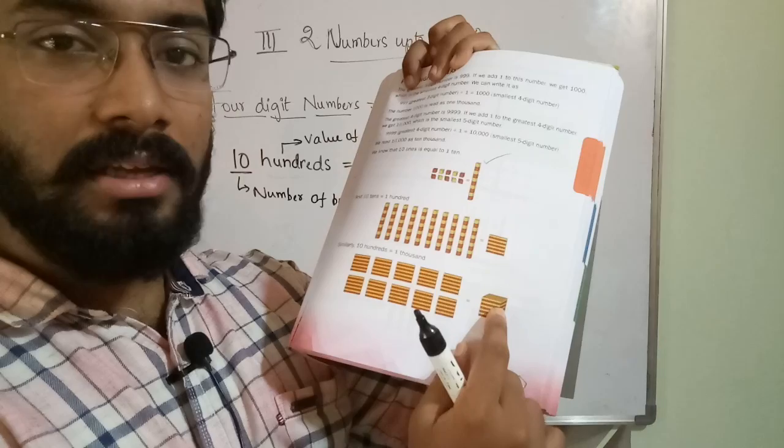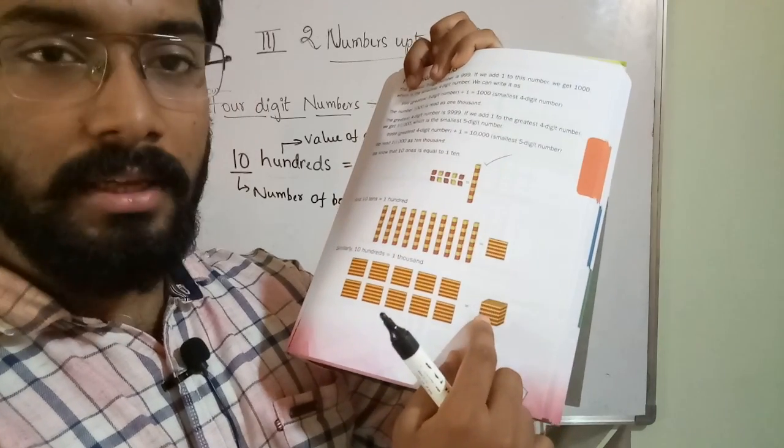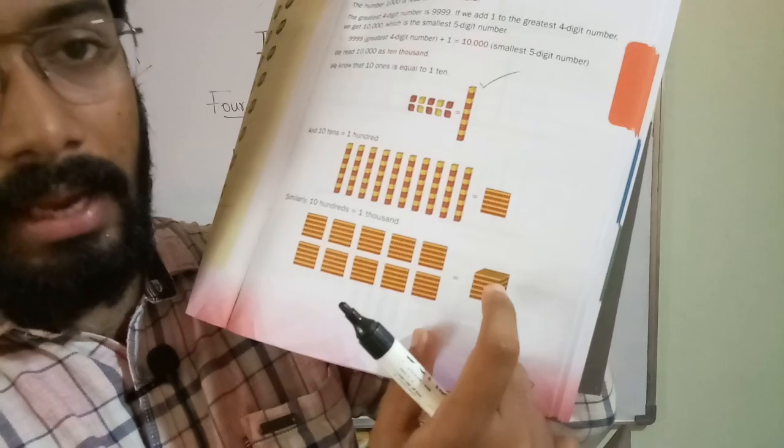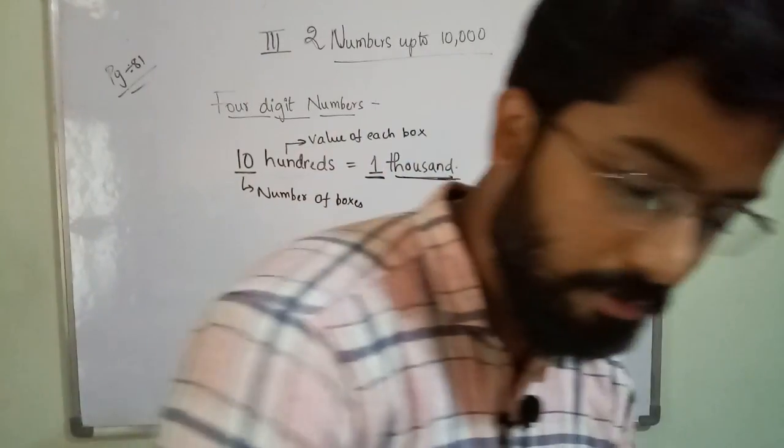The cube's value is 1000. Only one cube we will get, and that is represented by this one, okay? You have to understand the statement like that, okay?